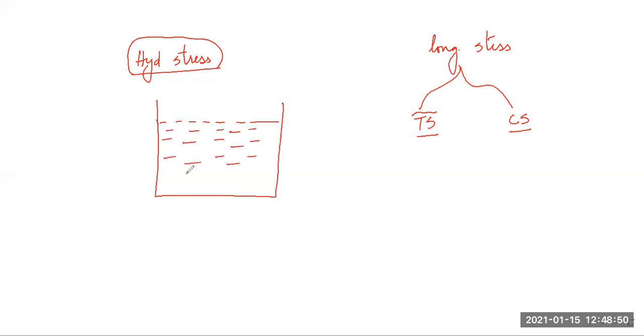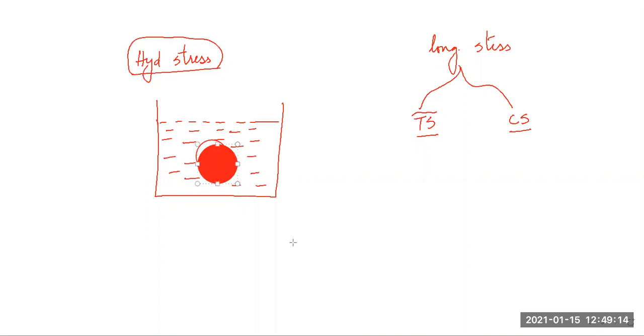Now, this liquid under high pressure is there, and what we do, we put a body, let's say the body is like this. So, what's happening?